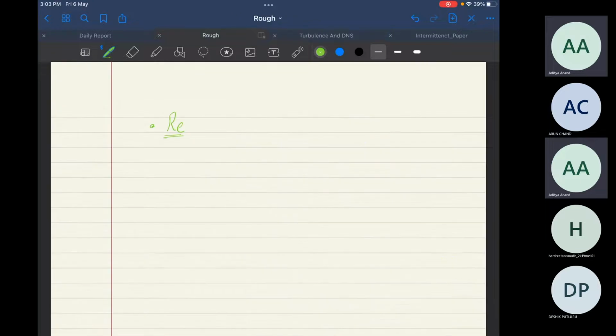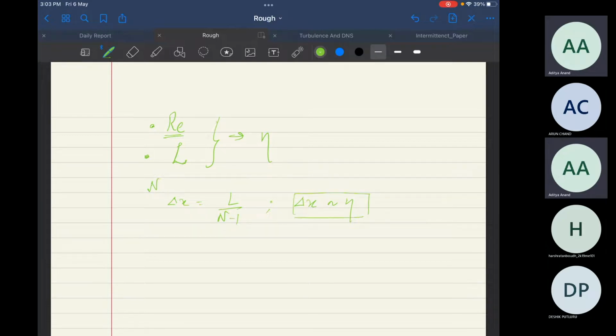Because when you start DNS, you have your Reynolds number and you also have your domain size. Usually, your integral length scales are of the order of your domain size. So from these two, you can get an estimate for integral length scales. And when you discretize your domain, so let's say you use a step size of delta x, or you use n grid points, so your delta x would be L by n minus 1. Your delta x should be of the order of eta.